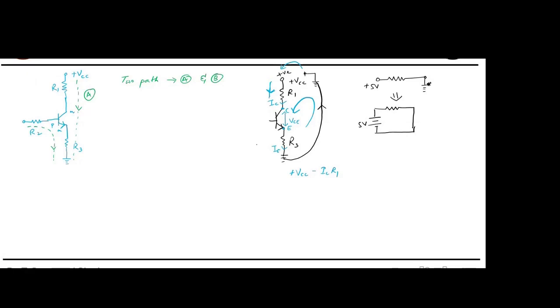Are you finding it difficult to identify whether it is plus VCE or minus VCE? The current is going like this. That means current always goes from higher potential to lower potential.